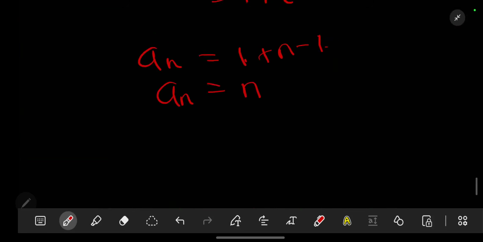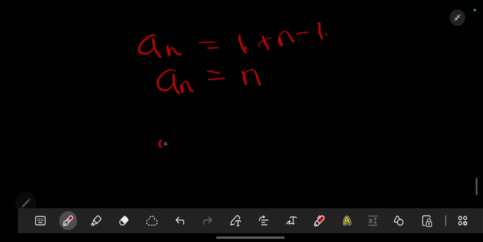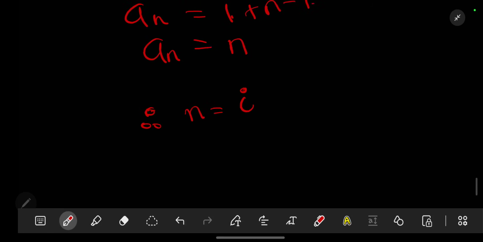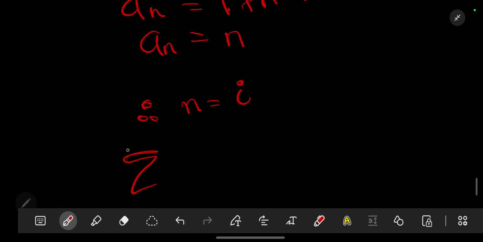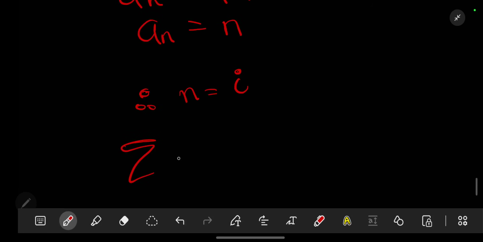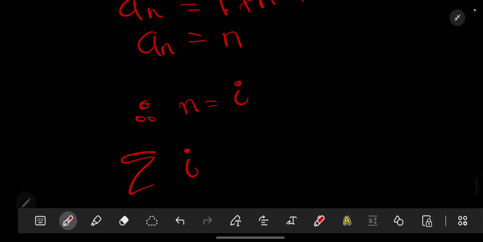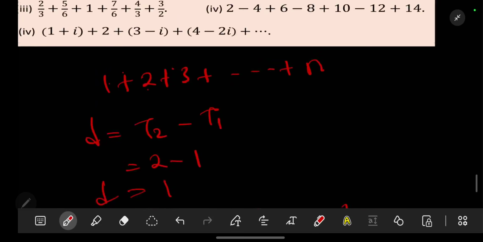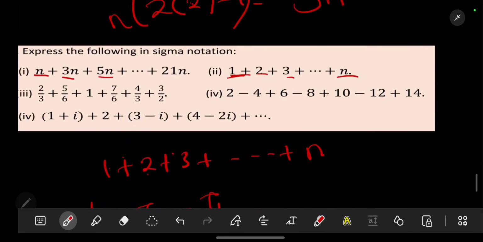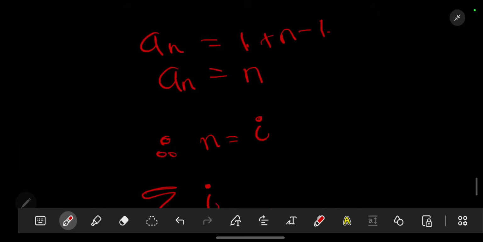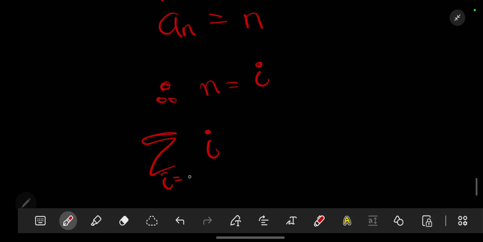So knowing the formula of the sequence, we can say, therefore, n is equal to i, so we are going to mostly be using i. This is the only thing we have, so we are going to put our i. Now from which number? Remember, we are moving from 1: we have 1, 2, 3, so that means we are going to put i is equal to 1 until we put our n.